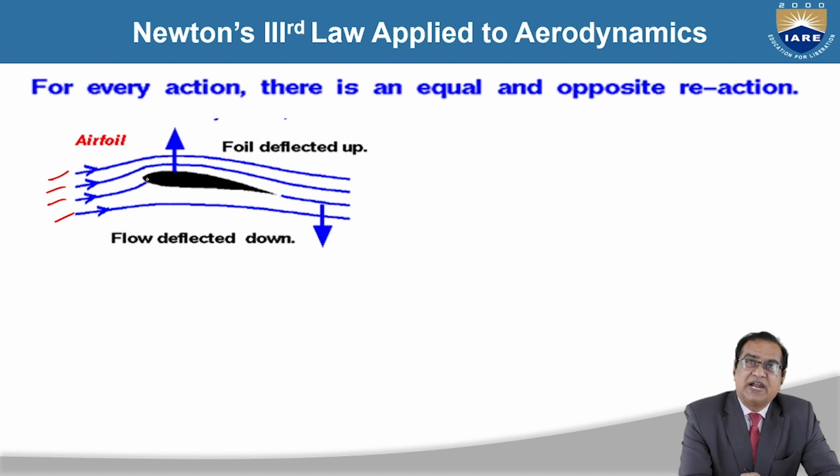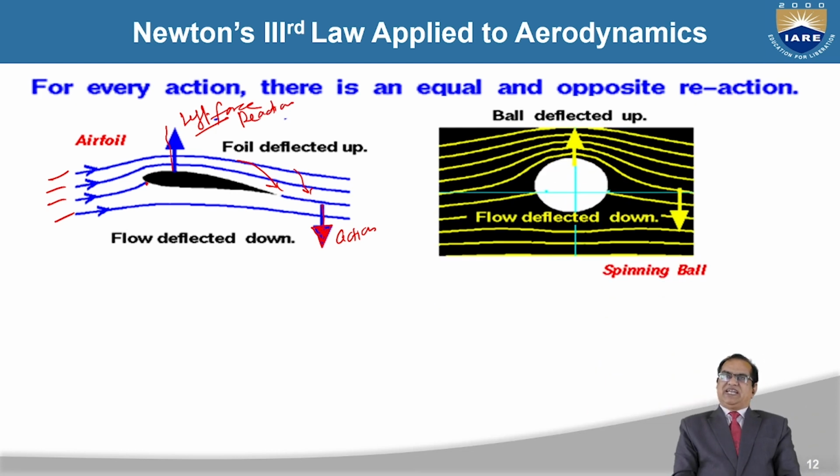As and when it touches here, the flow is moved like that, and here it starts downwards. This gives the flow direction downwards, and due to this, a force of reaction will act in this direction, and this is called the lift force. This is the lift force generated by the reaction of this action. This is the action and this is the reaction.